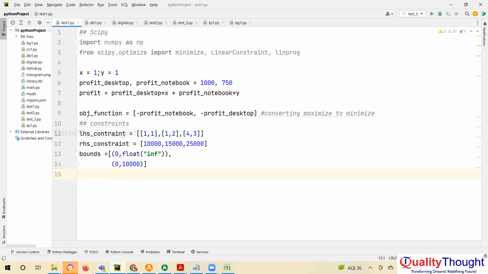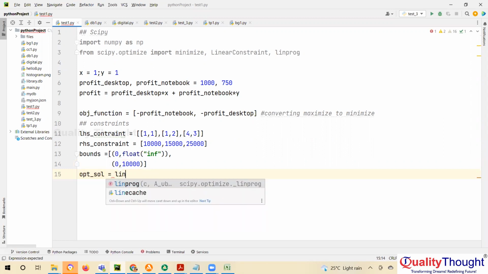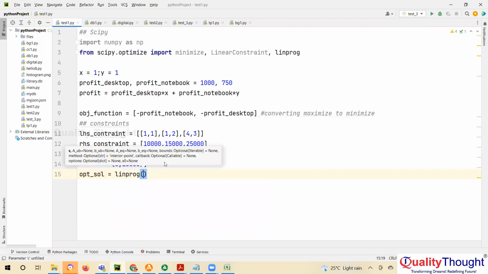Now we have to call our linear program function. So I'm going to say optimize solution equal to linear program. And we need to pass here the objective, bounds, and which method you want to use.